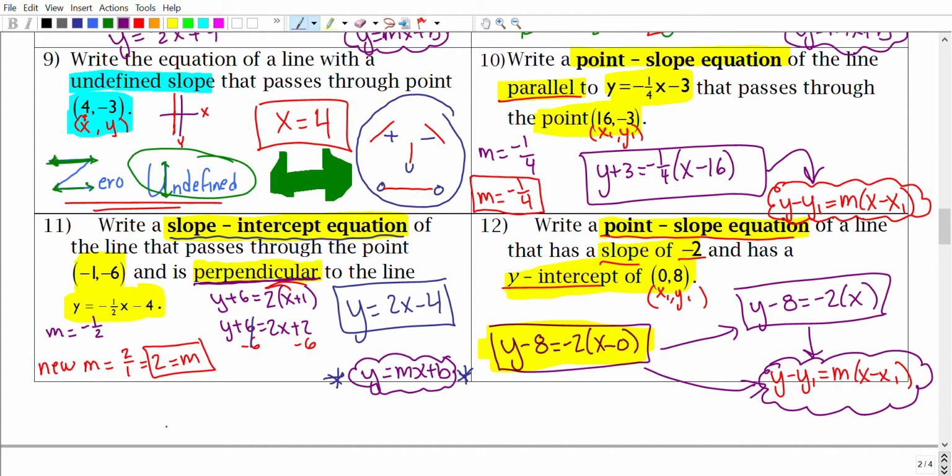Okay. Alright guys, I think that is it for this video. I hope you guys have a little bit of a better understanding of perpendicular and parallel lines. If you need any extra help, go ahead and seek me out. See if you guys can come up with some good questions to ask so you understand this a little better.